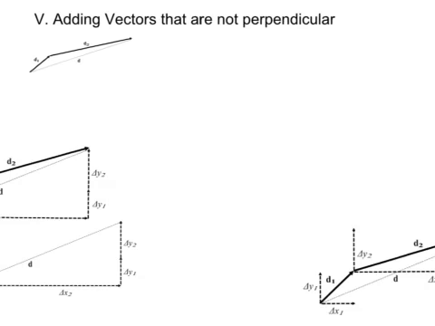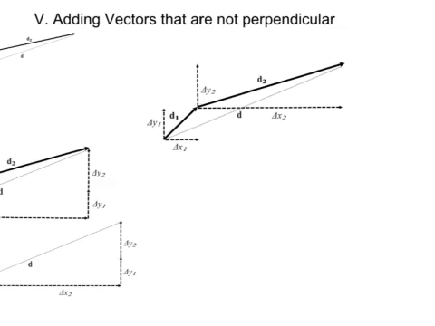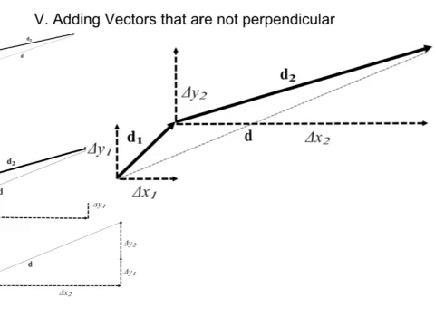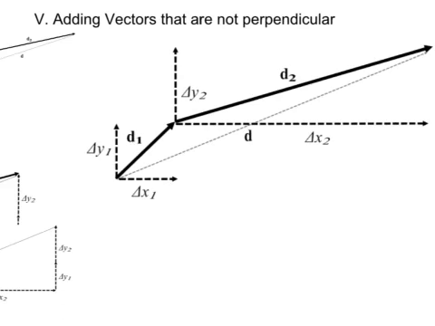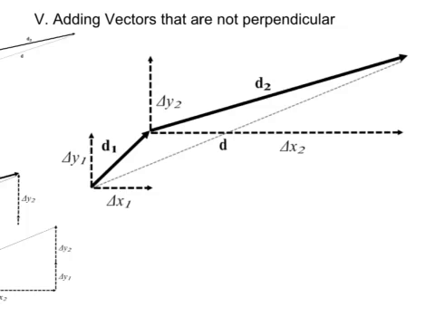Well, both these vectors are at angles, so both those vectors can be resolved into their components. Okay. We can take D1 right here, and we can resolve D1 into X1 and Y1. Okay, those are the components of that displacement.